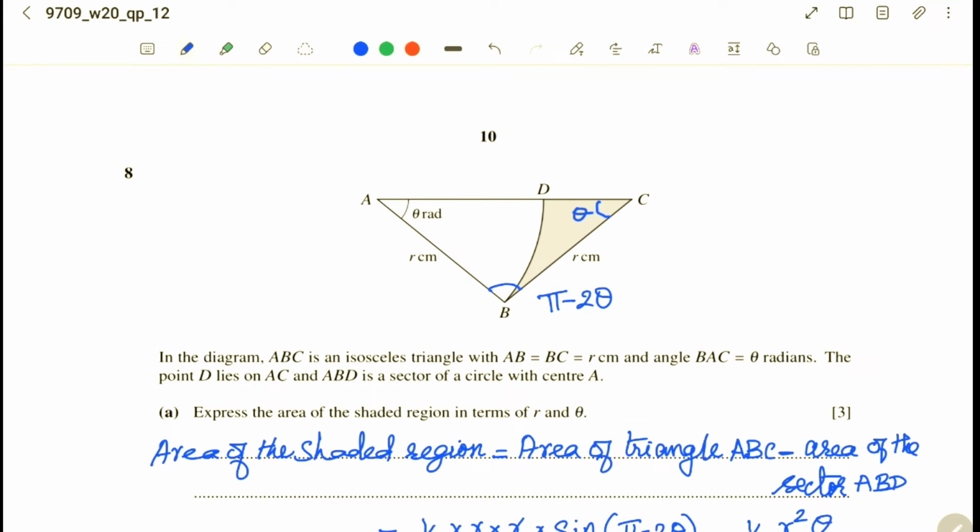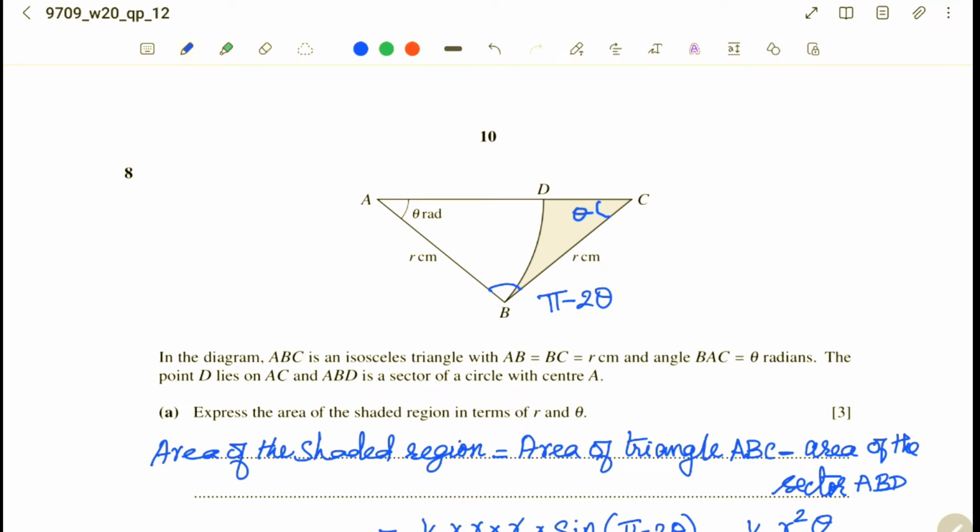AD is also 10. To calculate DC, first we need to calculate AC. In triangle ABC, we know two sides, AB and BC.